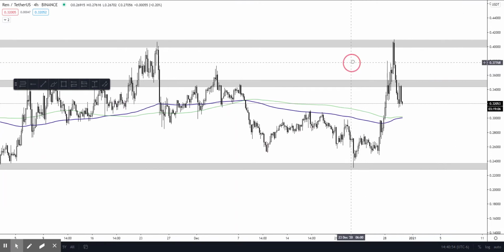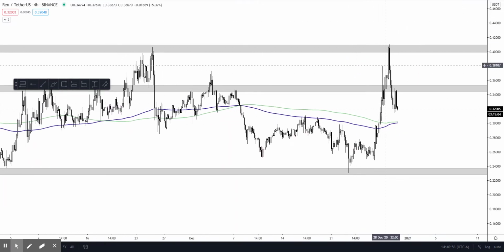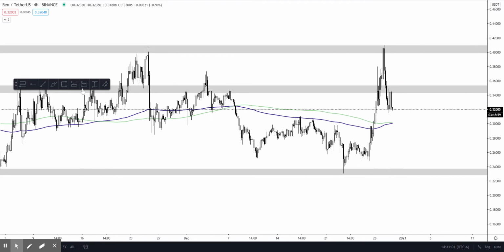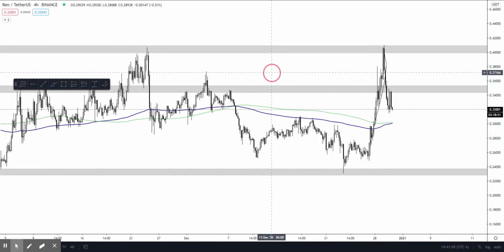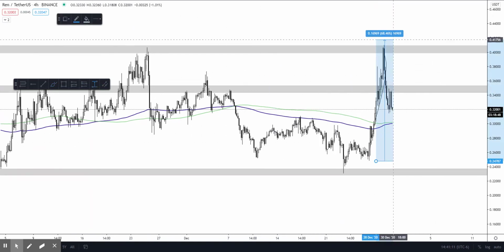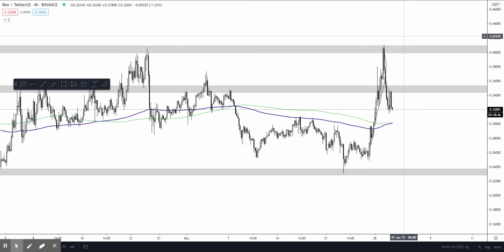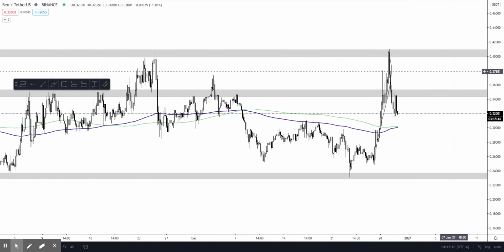All right, so current price action looks like it ripped upwards into that daily supply zone, got rejected, and it was such an impulsive move. We pretty much just went straight upwards for 24 hours, 48 hours, and that was a 60% move into daily supply.